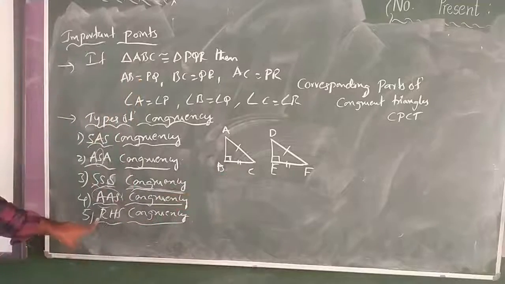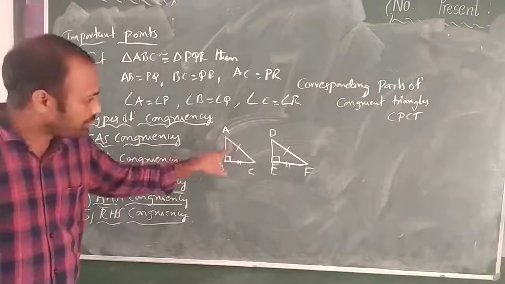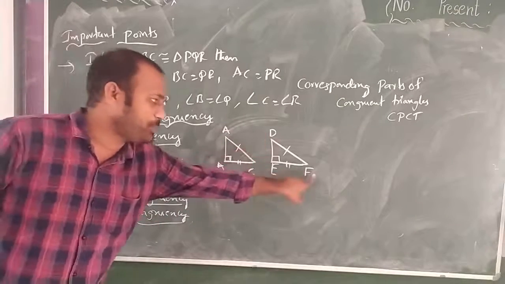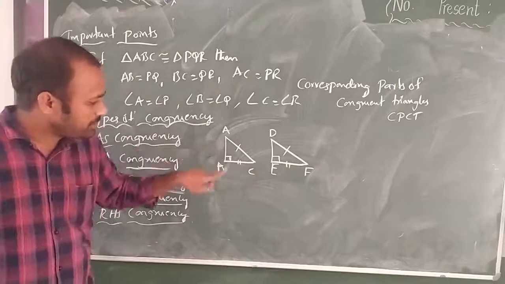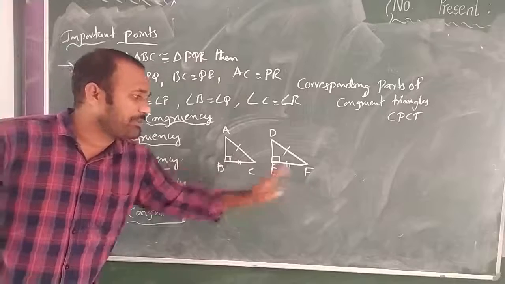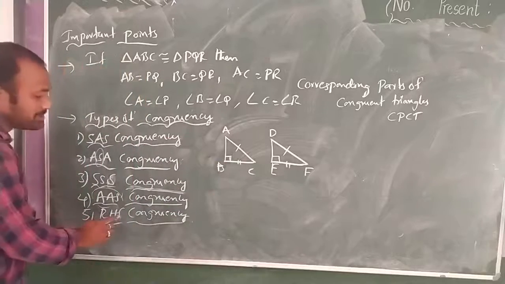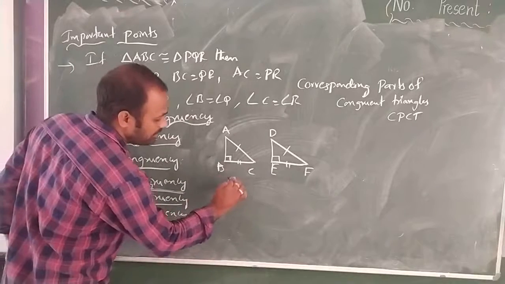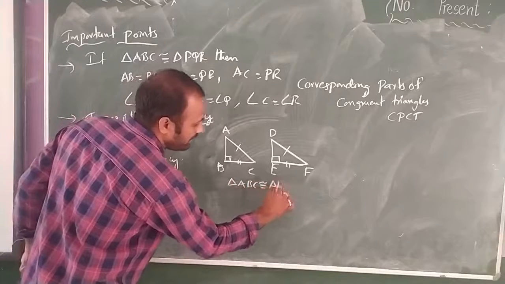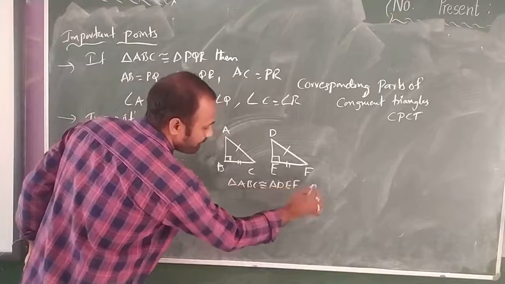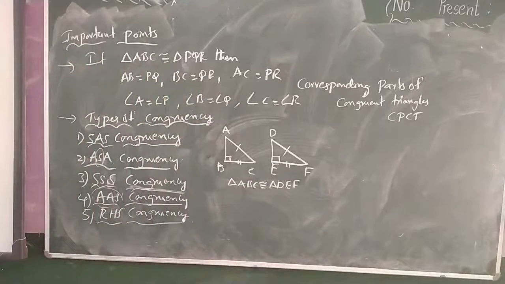So the right angle is satisfied, and the hypotenuse must be equal. So hypotenuse AC is equal to hypotenuse DF, and any one of the sides, either AB side or BC side. Here BC side is equal to EF side. So by using the RHS congruency rule, I can say that triangle ABC is congruent to triangle DEF. So these are the 5 congruency rules to be remembered in the triangle chapter.